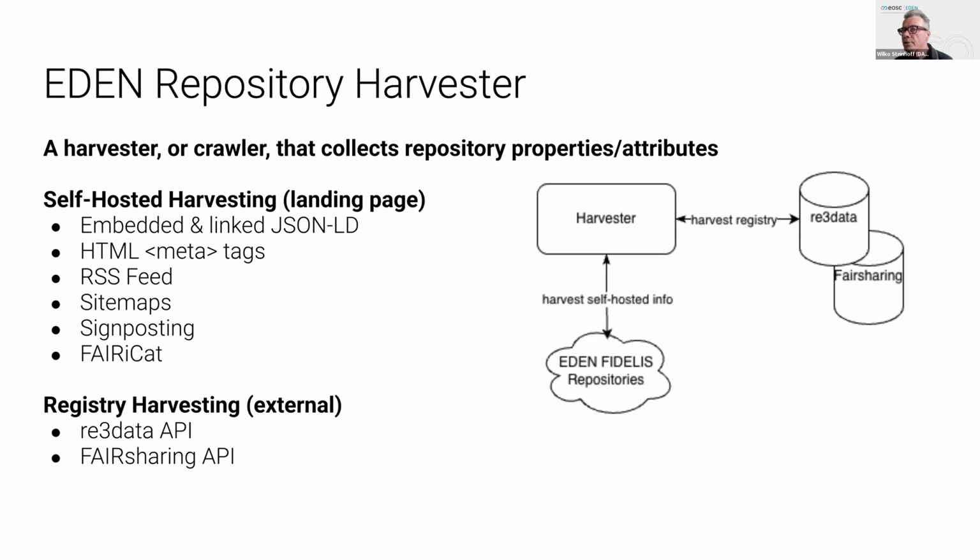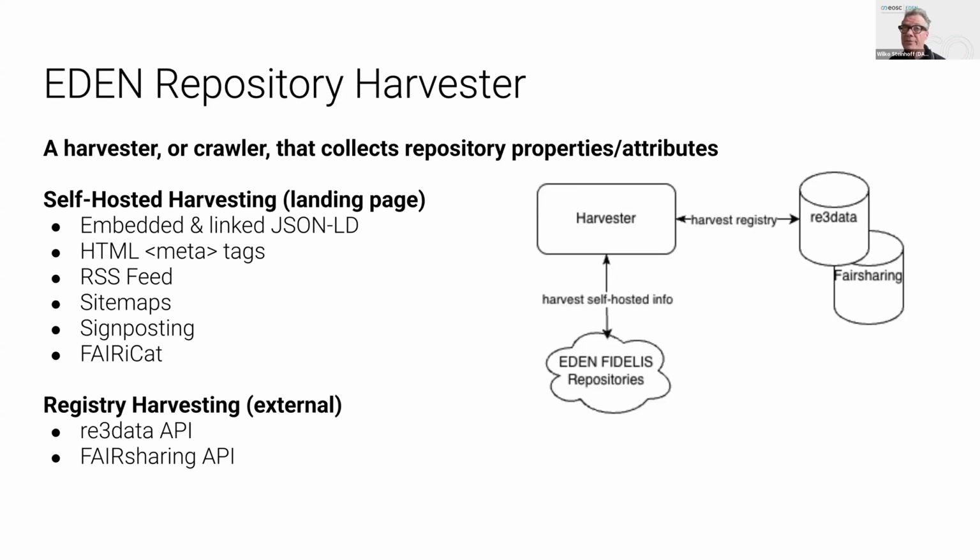It looks for the signposting protocol, which can also provide information about the data sets, or even the repository on the repository level, and FAIRiCAT, which is a protocol about repository interoperability affordances. If we have the time, I can dive into it in more detail later on.